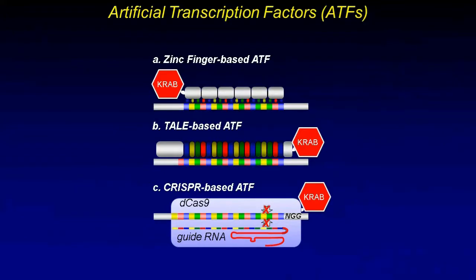And then we can pull the effector domains off of naturally occurring transcription factors. In this case, there's the KRAB domain. And the effector domains can be either transcriptionally activating or transcriptionally repressing types of effector domains. So we could make artificial transcription factors that can activate or repress genes.